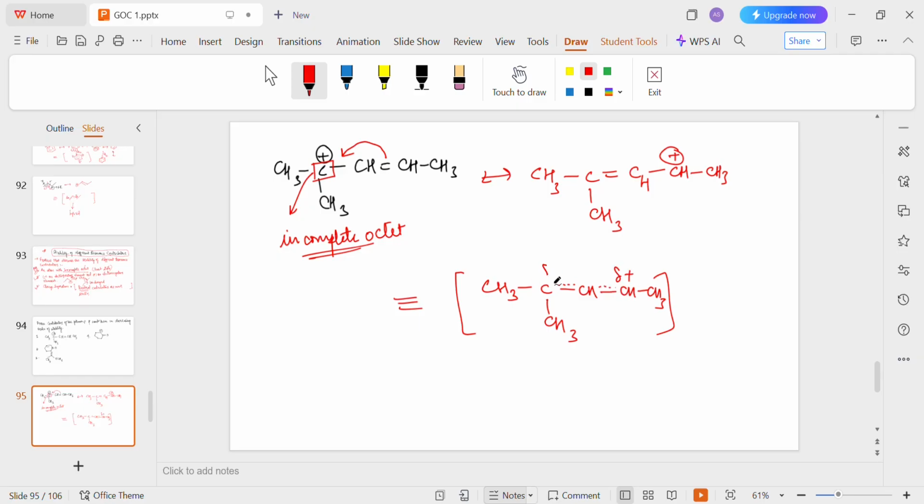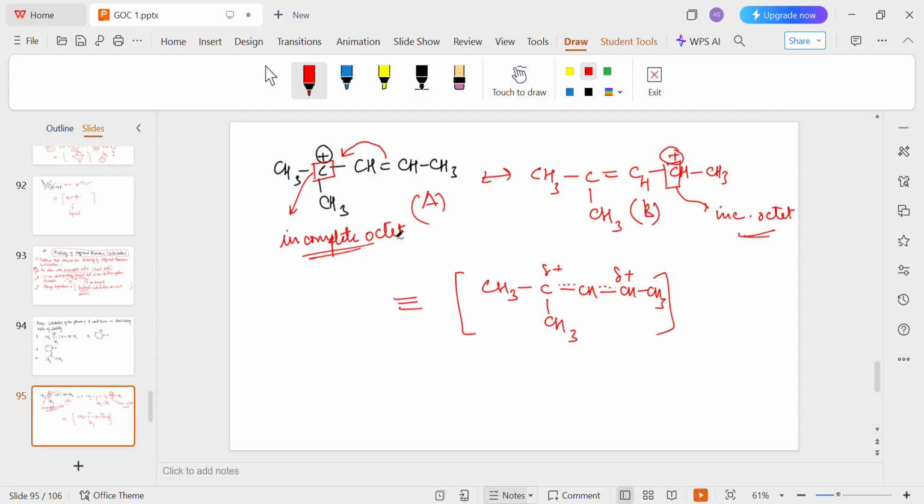Now you have to tell me, out of A and B, which is more stable, because you have to rank the contributors in decreasing order of stability. As you can see, in structure A we have one carbon with incomplete octet. In structure B also we have one carbon with incomplete octet. So in terms of incomplete octet, both the structures have incomplete octet.